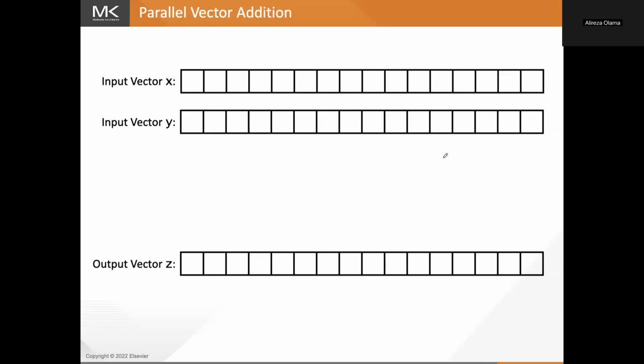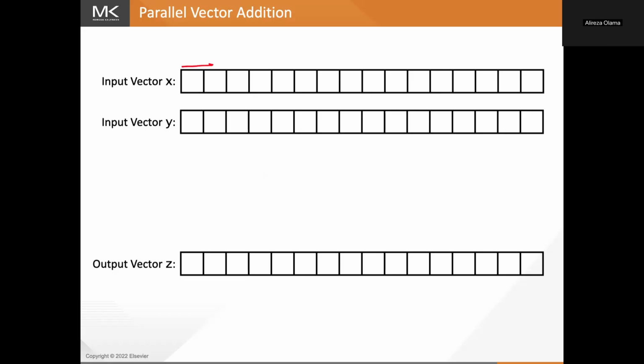This was the vector addition problem that we had. When it comes to sequential code, we have to loop through all of the elements and then sum them up one by one, right?